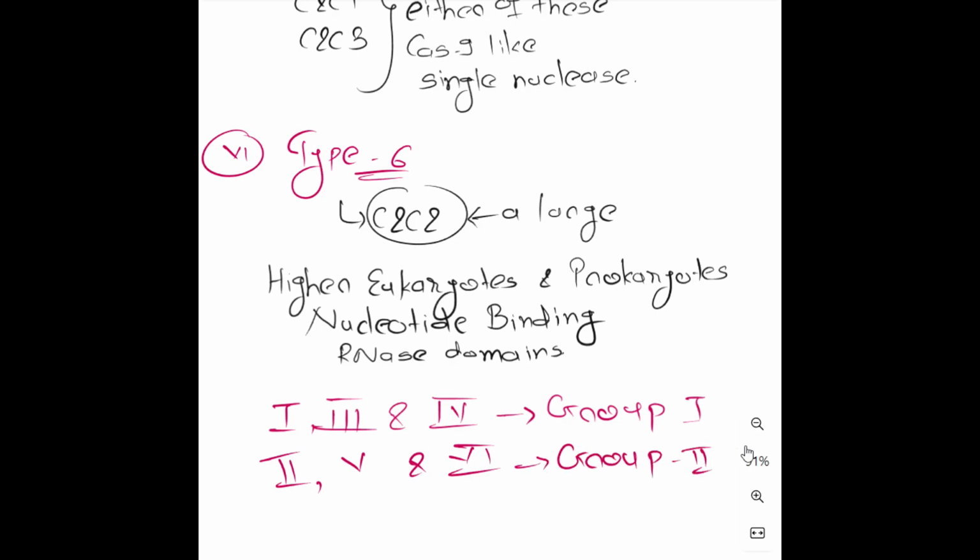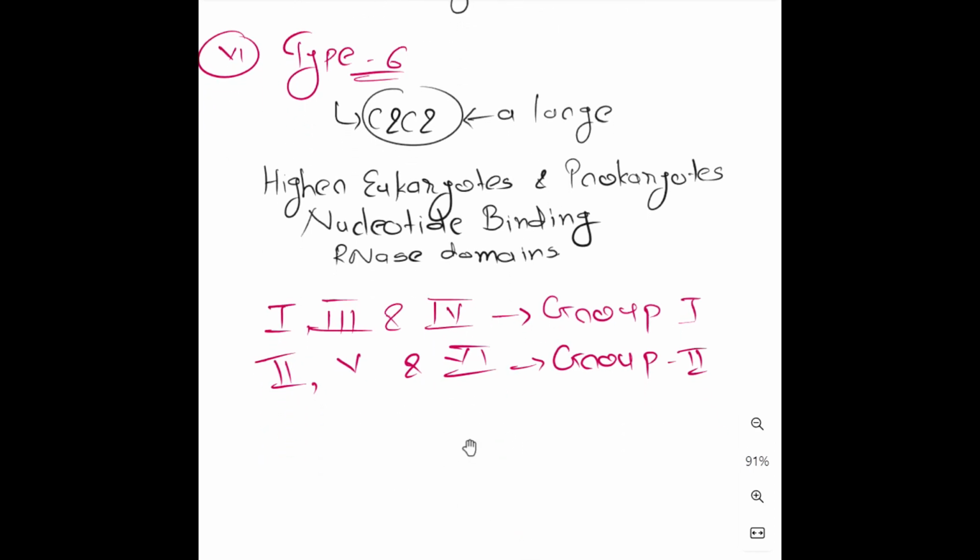It is group 2, because these three types utilize a single subunit effector.